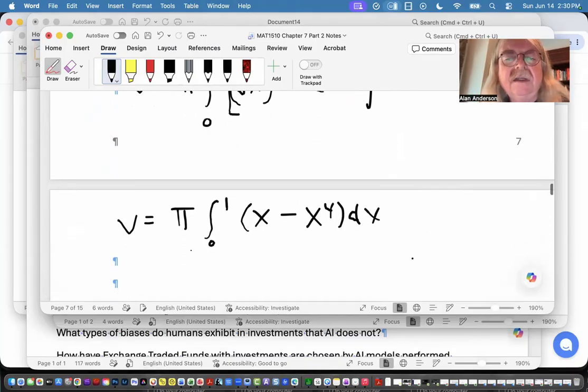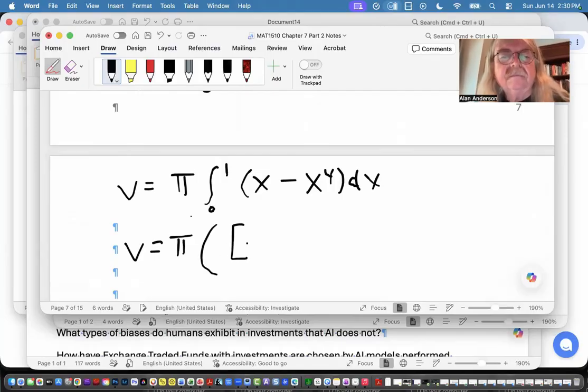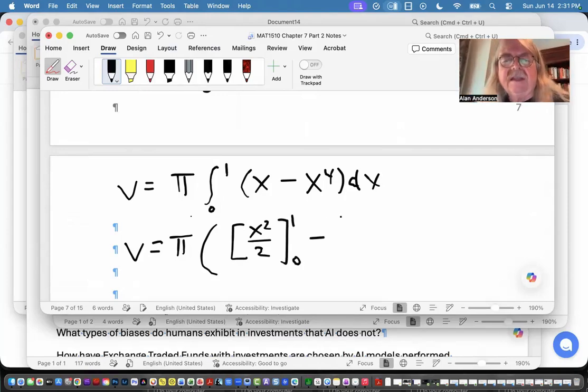All right, so now let's apply the rules of integration that we know so well. So of course, we're applying the power rule in both of these cases.